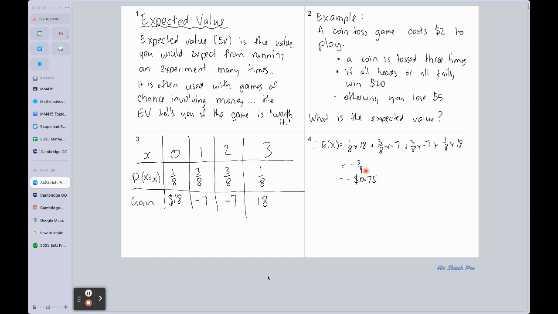On average, you'd lose 75 cents, and you should know averages well enough by now to know that the average value doesn't actually have to be a specific value in your data set. Instead, it's, if all wins and losses were shared out evenly, each game would be a loss of 75 cents. That's what it means. I'll spell this out in the next slide so you can see it for yourself.